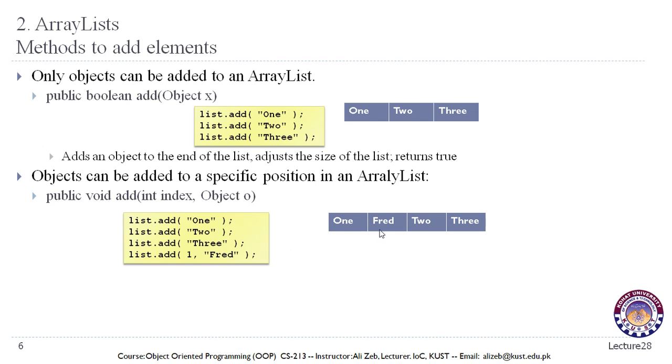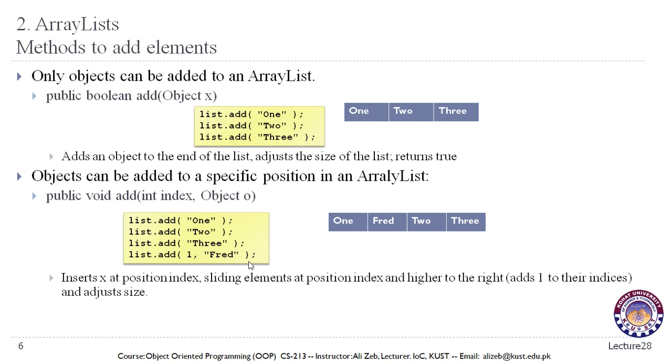This will now be added at index 1 of this ArrayList. It inserts x at position index, sliding elements at position index and higher to the right, adding 1 to their indices and adjusting the size. Capacity increases if necessary. Since we can dynamically add data to the ArrayList, the capacity of the list increases accordingly.